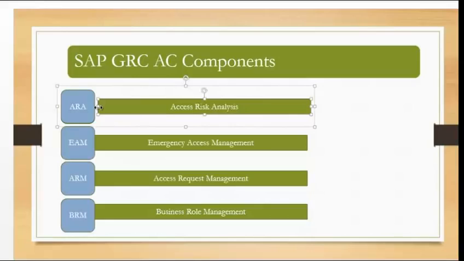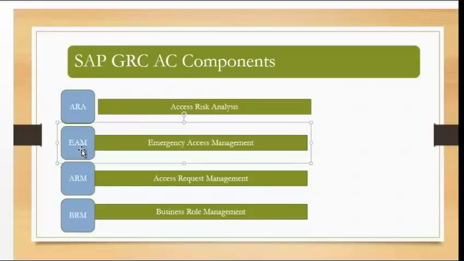So it gives a clear picture of what is going to happen if we are going to give a certain transaction code or a certain role to a user. It gives the complete confidence to the GRC consultant whether to assign the role or not to assign the role.